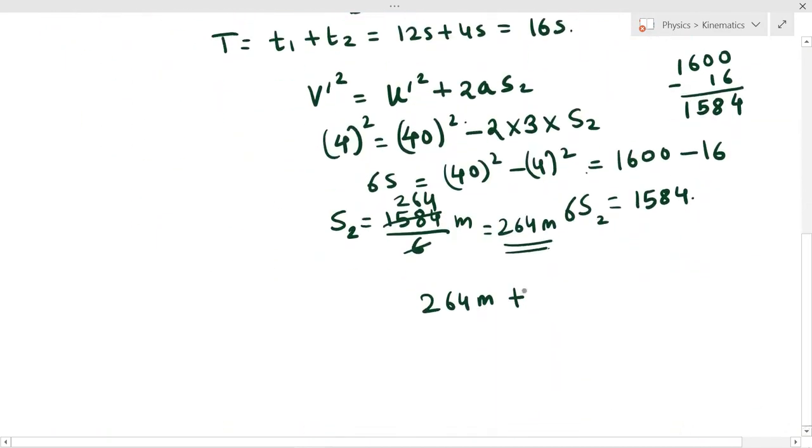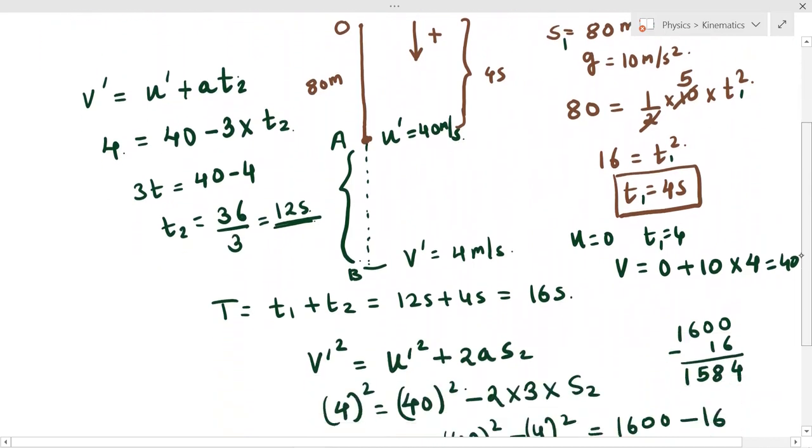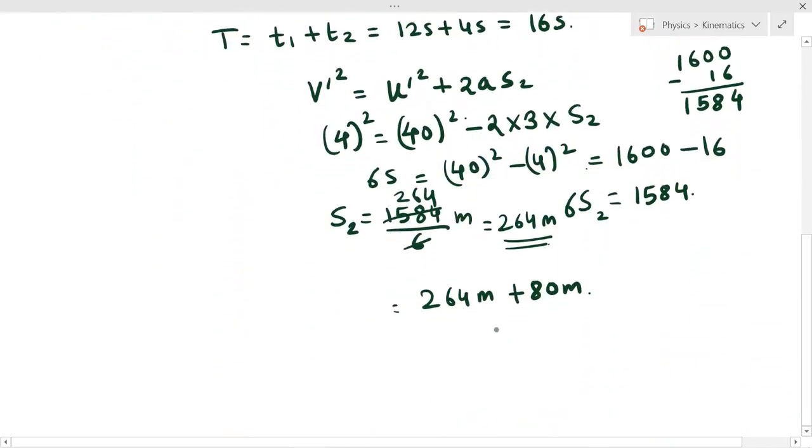So 264 plus 80 meter will be the total distance, that is the height from which she has jumped. So 264 plus 80 will be 344 meter. So from 344 meter she has jumped from the aeroplane.